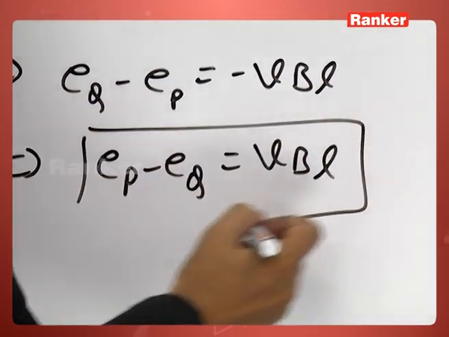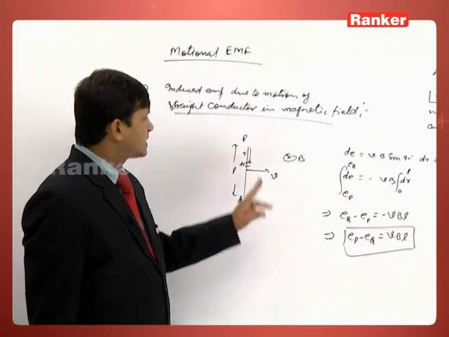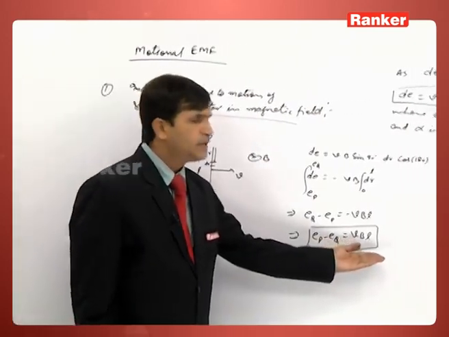So the induced EMF between the ends of conductor P and Q is given as VBL.